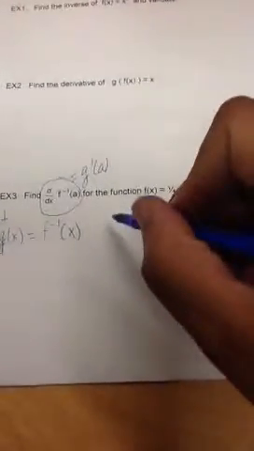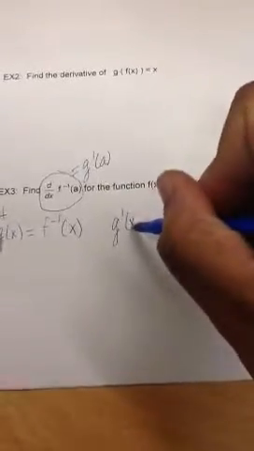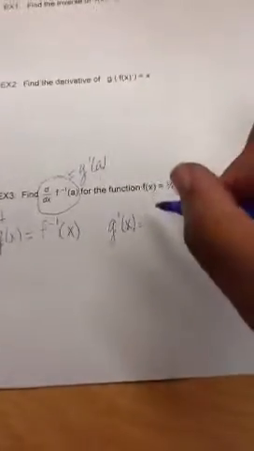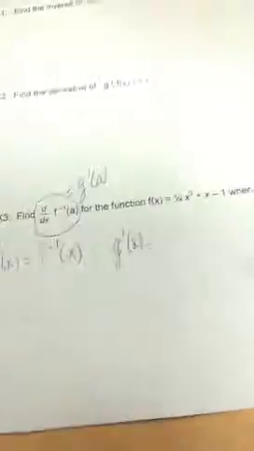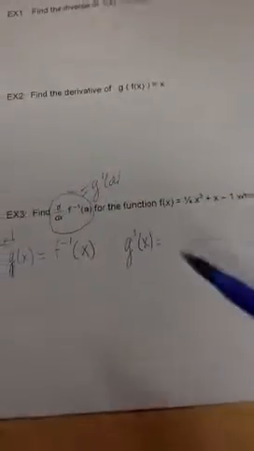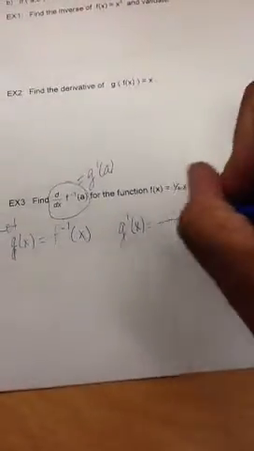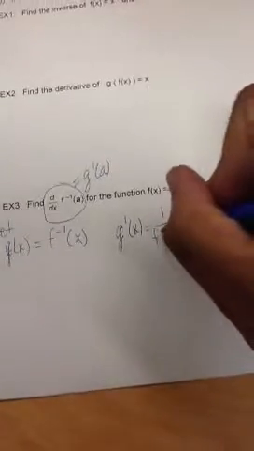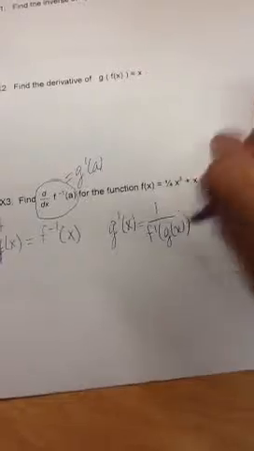So we ended on g prime of x has to be equal to, according to example 2, we said that g prime of x is equal to 1 over f prime of g of x.